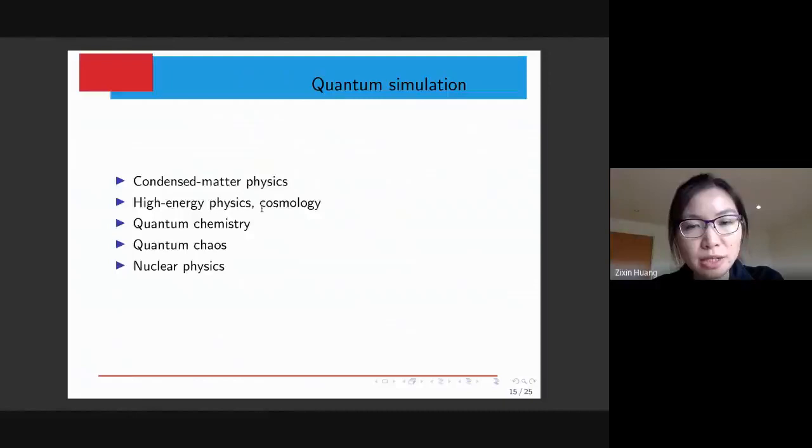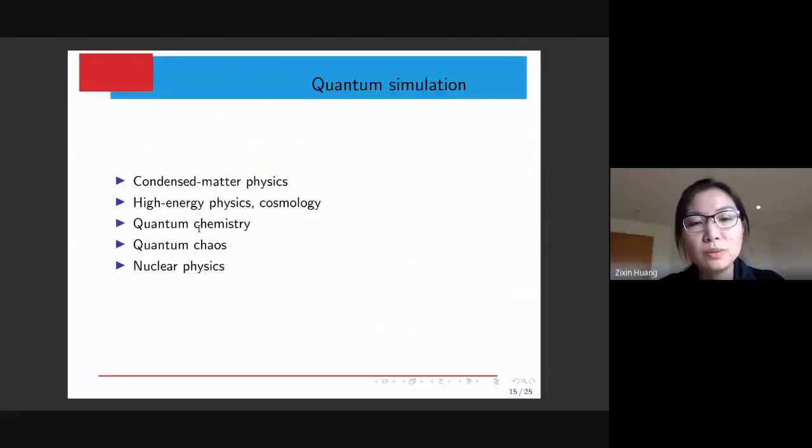You have high energy physics and cosmology. Once again, these may be events that happened at the Large Hadron Collider, or something that happens near a black hole. You have quantum chemistry. This is very important because it's very difficult to compute molecular energies and molecular dynamics.